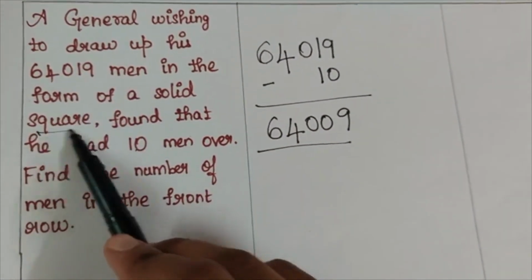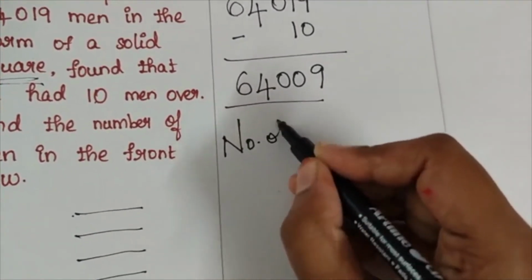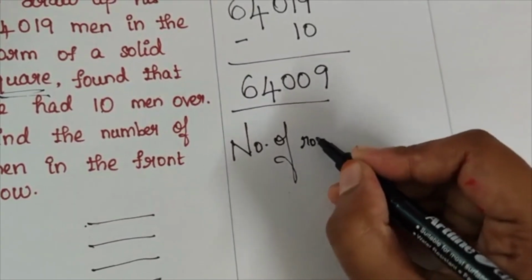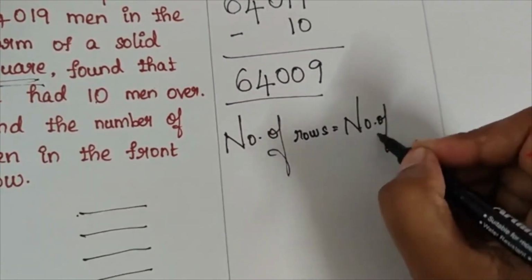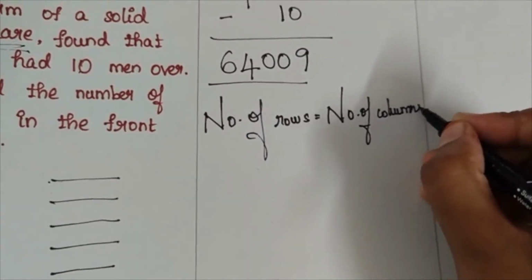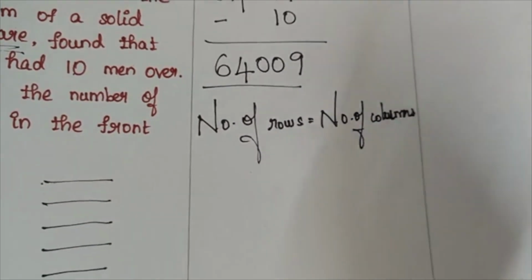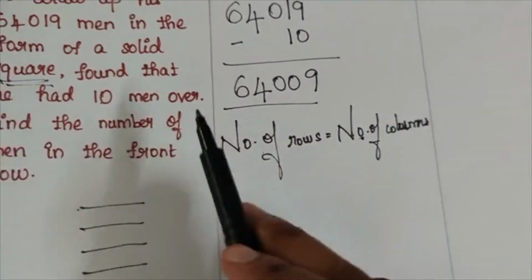They are forming a solid square. Solid square means we can conclude number of rows is equal to number of columns. Then only we get a square. So number of rows equal to number of columns means it is a perfect square.